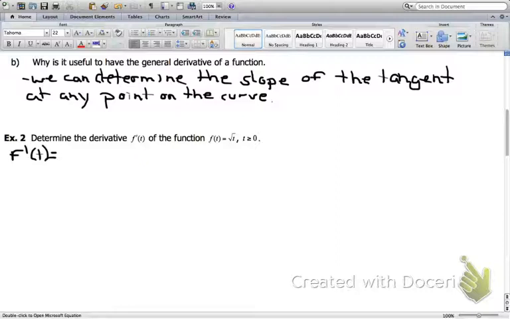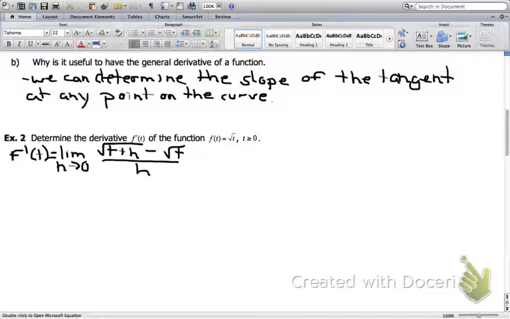However in this case we'll be using t's instead of our x's. So our f prime of t is the limit as h approaches 0 of the square root of t plus h minus the square root of t all over h.